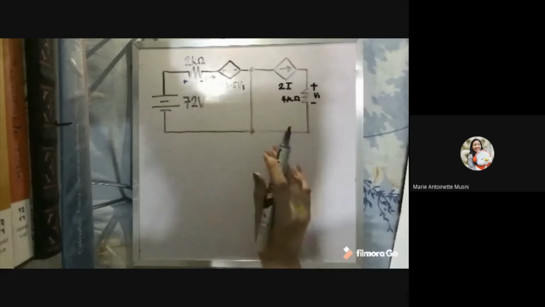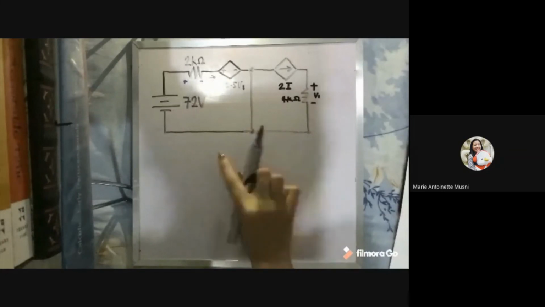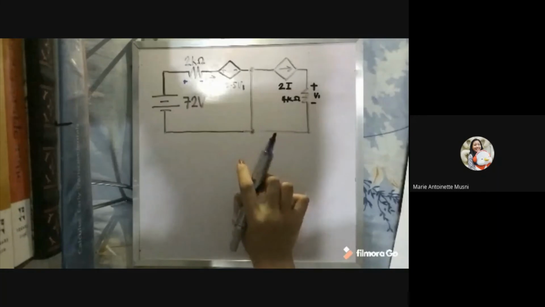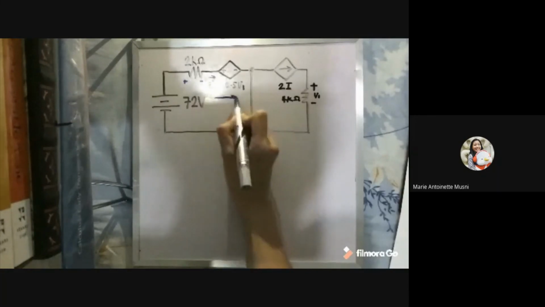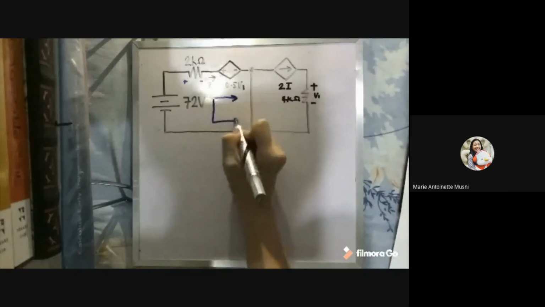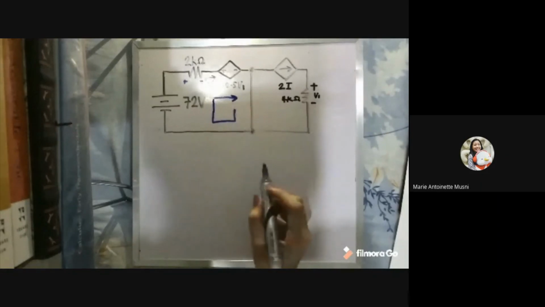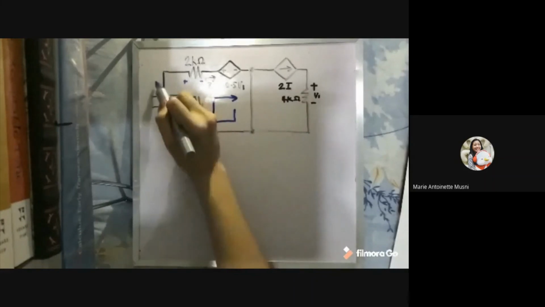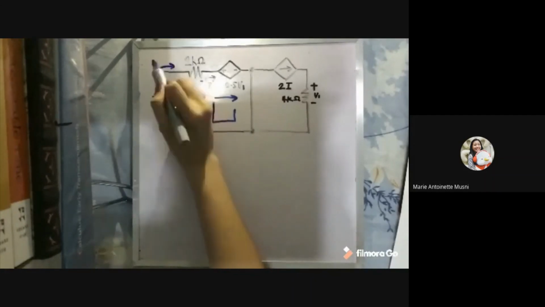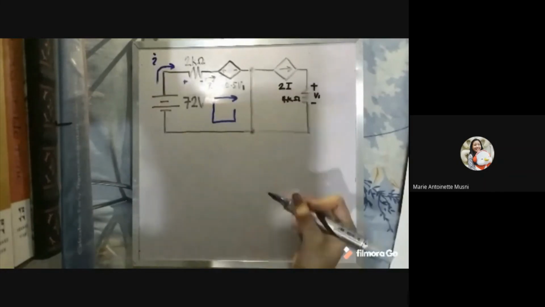Now we can look at the circuit and see that we can solve this problem by Kirchhoff's voltage law. So we can draw a loop here in this direction, clockwise, and you can see that from this battery voltage, a current I will be flowing to the circuit.